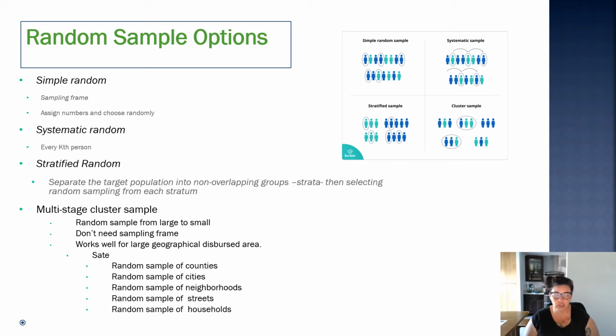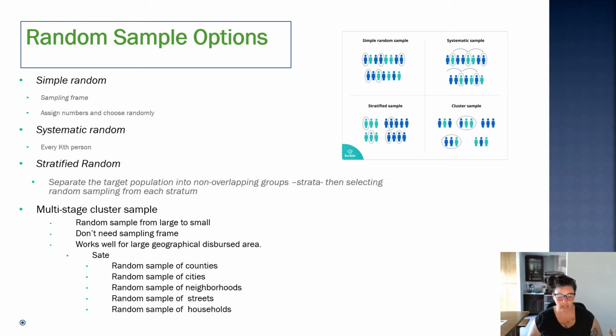So it offers you a form of random sampling method when you don't have a sampling frame. It works great for something like geographic areas. It could also work great for something like what we were talking about with stratified sampling with the example of schools.